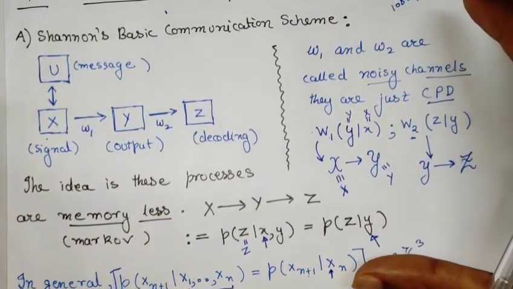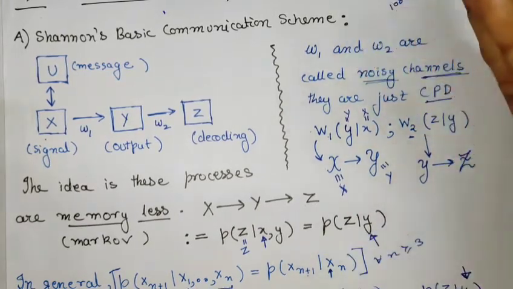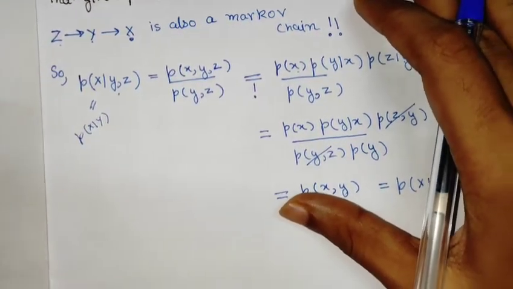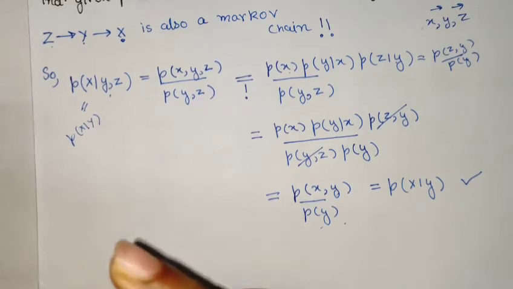Particularly, I would now like to give an example of what these noisy channels are. Noisy channels are nothing but these conditional distributions, classically speaking. In quantum mechanics they correspond to CPTP maps which take you from one density operator to another.